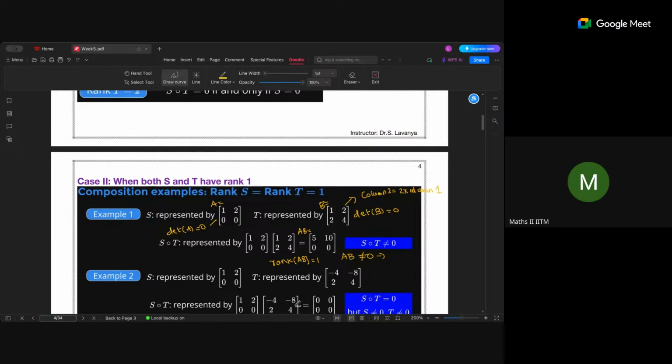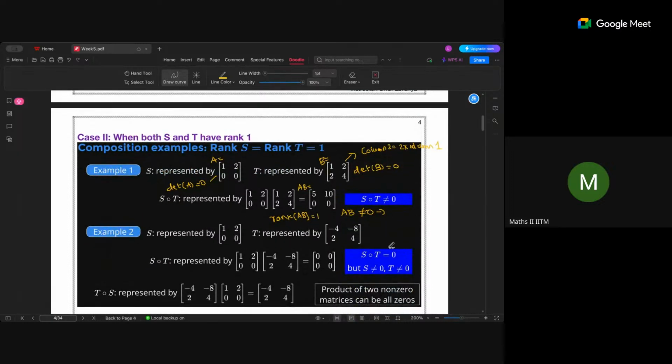The other case is that we have a similar scenario. You have a matrix A, you have a matrix B. What is the rank of A? 1. The rank of B? That is also 1, because here you see that the second column is 2 times of the first column.